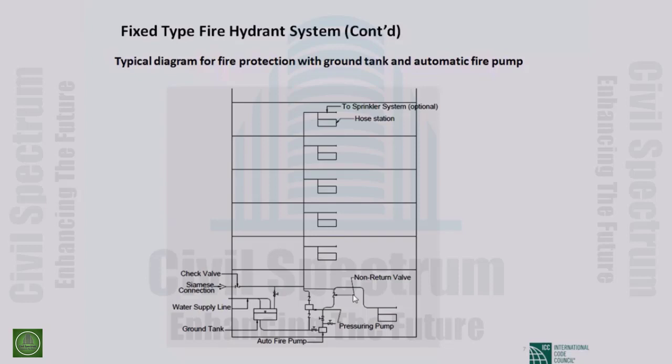This is a simple system with a gravity tank. If you don't have a gravity tank, if you have a rooftop tank at a definite height such that the pressure required for spray will be sufficient due to gravity. Actually, we cannot put the tank on the top of the floor.